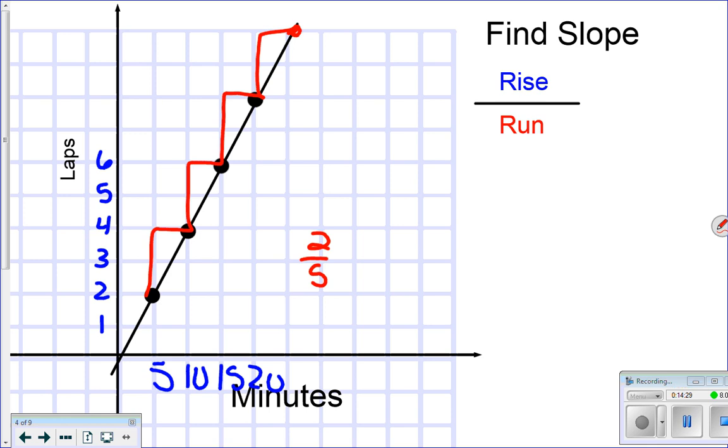So here, I started here and I went here, right? I went up 1, 2 spaces because I'm only going by 1s on my intervals over here. But here, what am I going by on my intervals? 5. So when I really go over that 1 space, how many am I really going over? 5. So 2 over 5.